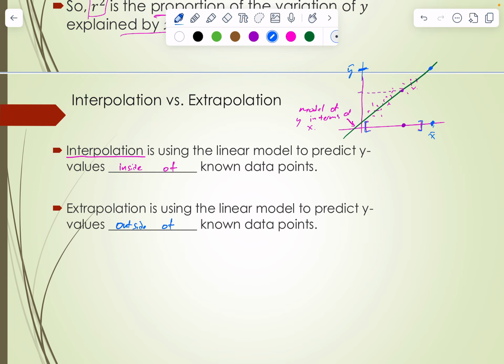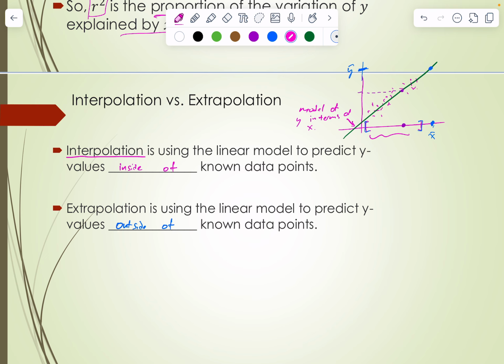Generally speaking, if we do have a linear correlation, it may not last for very long. It may only apply to the range that the data falls in.